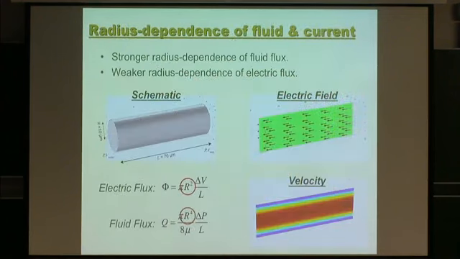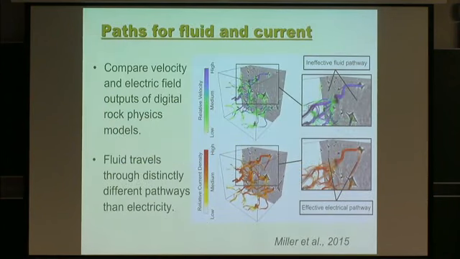And so this actually shows that the dependence of the hydraulic flux and the electric flux on the hydraulic radius are different, all right? The hydraulic flux is more sensitive to the size of the hydraulic radius than the electrical one.